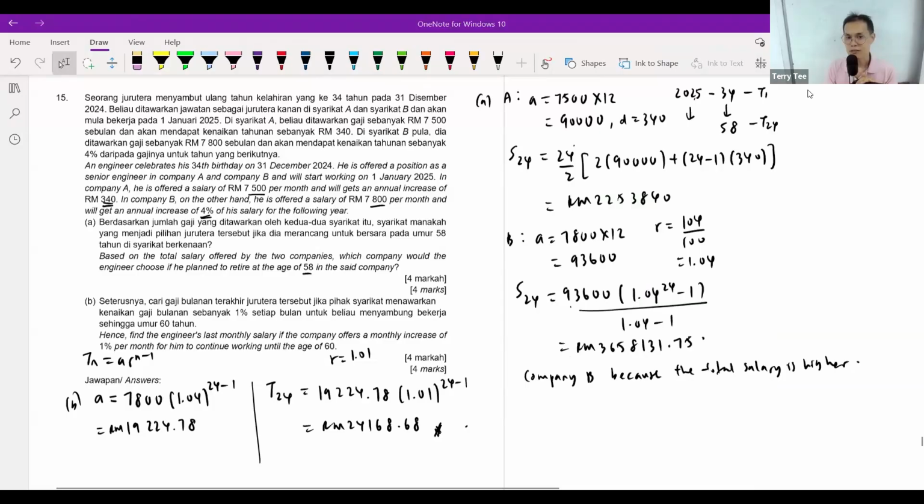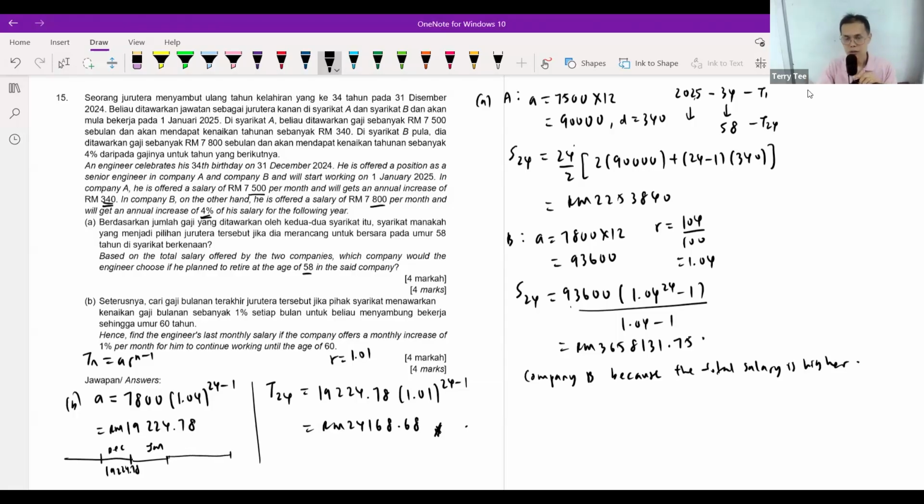Okay, sorry, I think there's a correction in the last one because if you look at this, on the last month when he's 58 years old, when he retired, let's say in December, it is 19,224.78. But in January, when he turns 59, you need to increase already by 1%. So it's not 24 months.